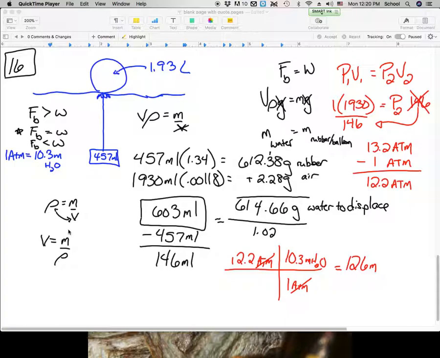And right there we would hit equilibrium. If we're a little above that, the balloon starts to swell a little bit more, and it's going to swell more and more the higher up it goes, and it's going to pop up to the surface. Or if we sink it a little farther, it shrinks a little bit more, and now the weight is bigger than the buoyant force, and it sinks, and the volume of the balloon gets smaller and smaller, and it just keeps sinking faster and faster. Or you lose it forever. Nice.